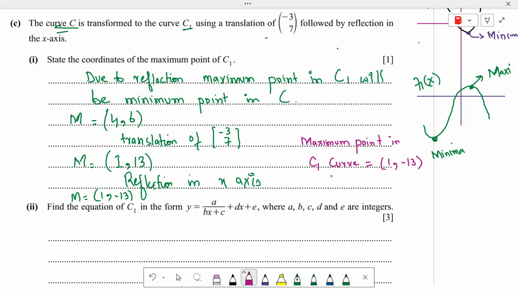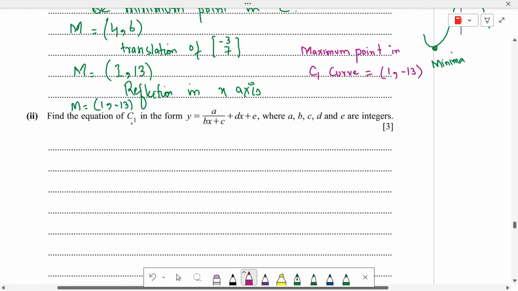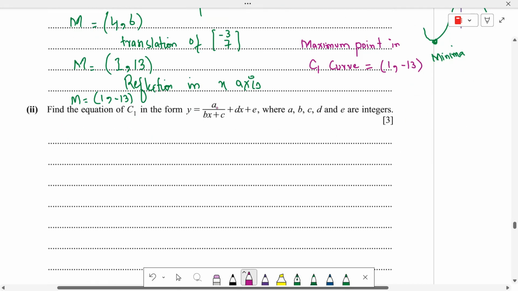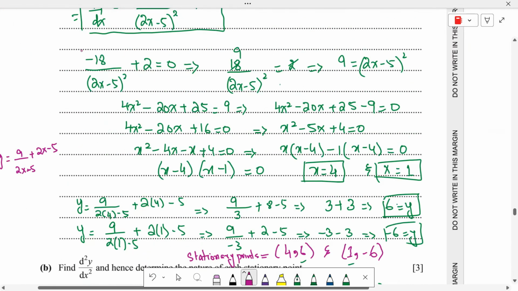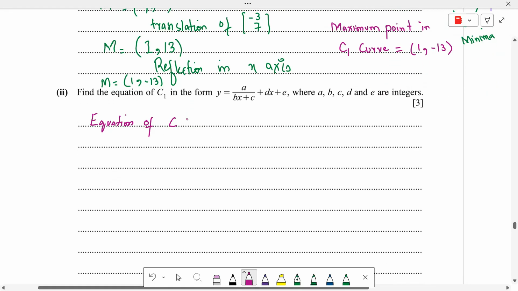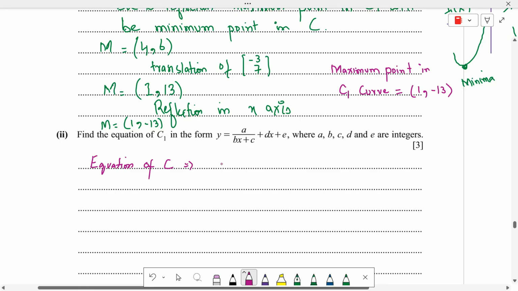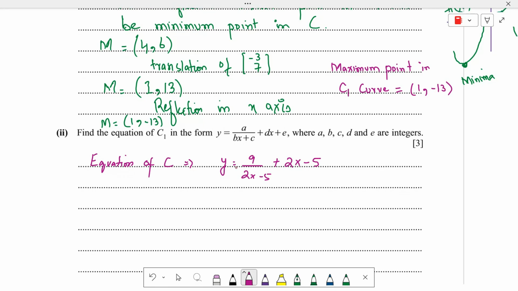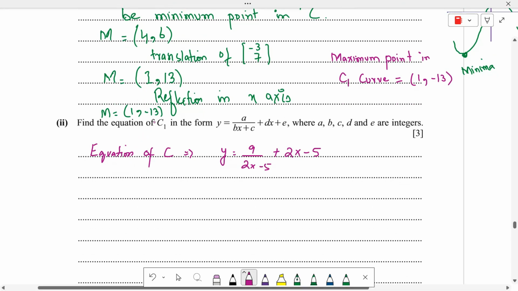Now let's move to the part: find the equation of C1 in the form y is equal to a over (bx plus c) plus dx plus e, where a, b, c, d, e are integers. So we have the equation of C, which is y is equal to 9 over (2x minus 5) plus 2x minus 5, and we need to find the equation of C1.